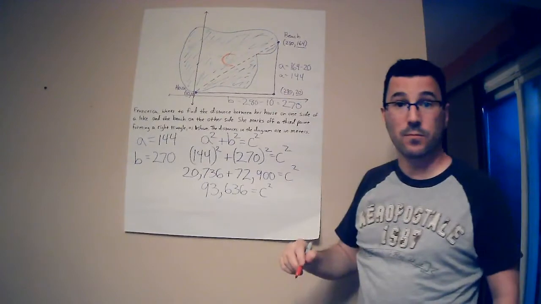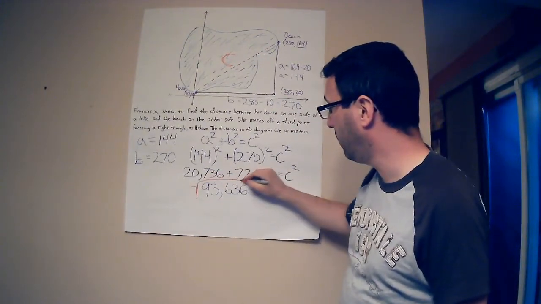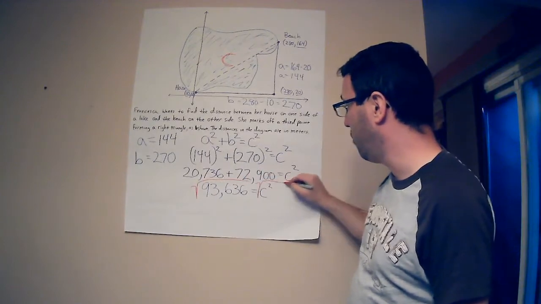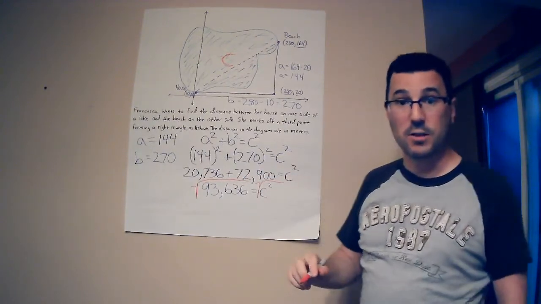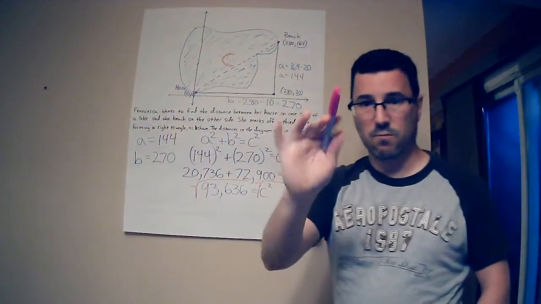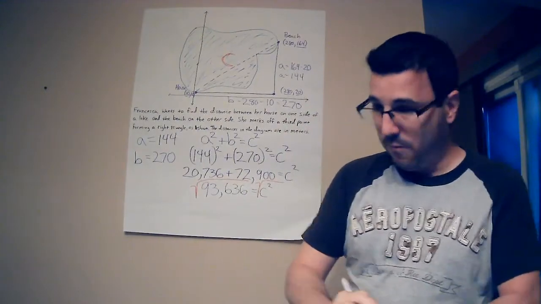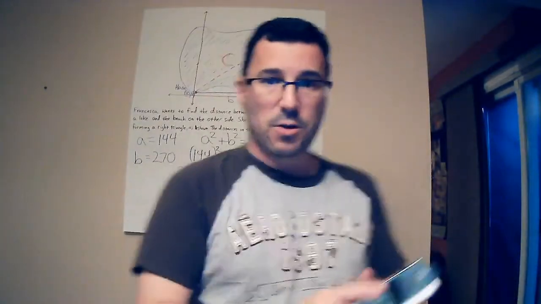Okay? So I'm going to take the square root of this ginormous number, 93,636. I'm going to change to a different color because you can't really see it. It's kind of like magenta. When I go on my calculator, as a matter of fact, I have the answer, but I'm going to show it to you again.